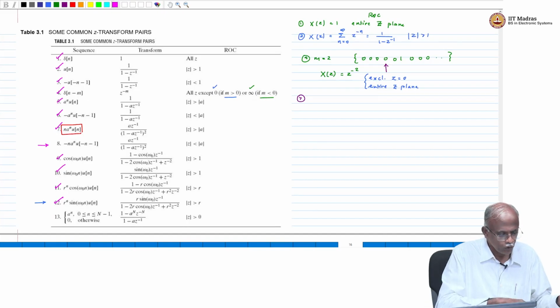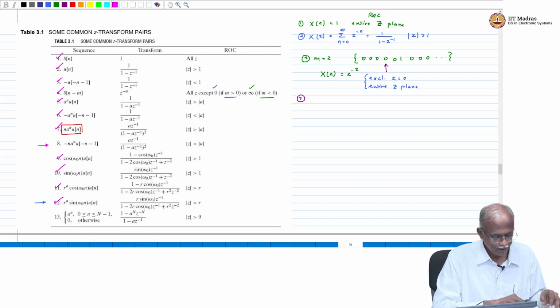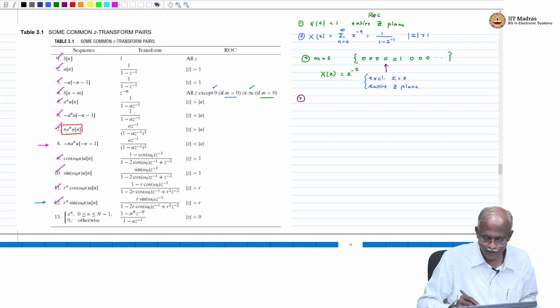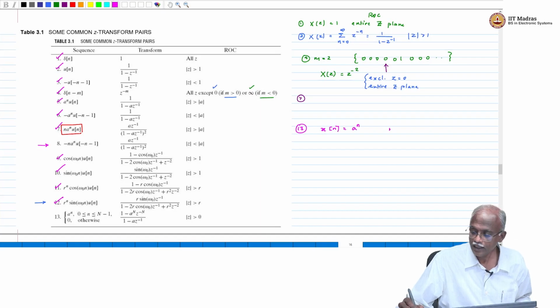Okay, so the last of the expressions that we are going to work with is that finite length sequence. Remember, we wrote down, let's say, number 13: x of n is equal to a power n in the region n equal to 0 through N minus 1.